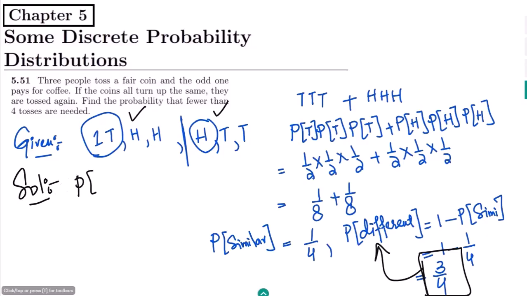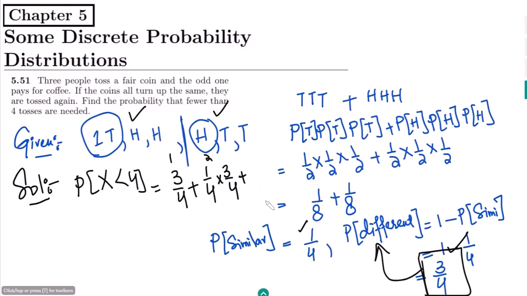The probability that x is less than 4 can be written as: either in the first toss we get the different outcome, with probability 3 by 4, or in the first trial we get the similar outcome and in the second we get 3 by 4. So this would be 1 by 4 multiplied by 3 by 4. This was the first trial, this is the second trial.